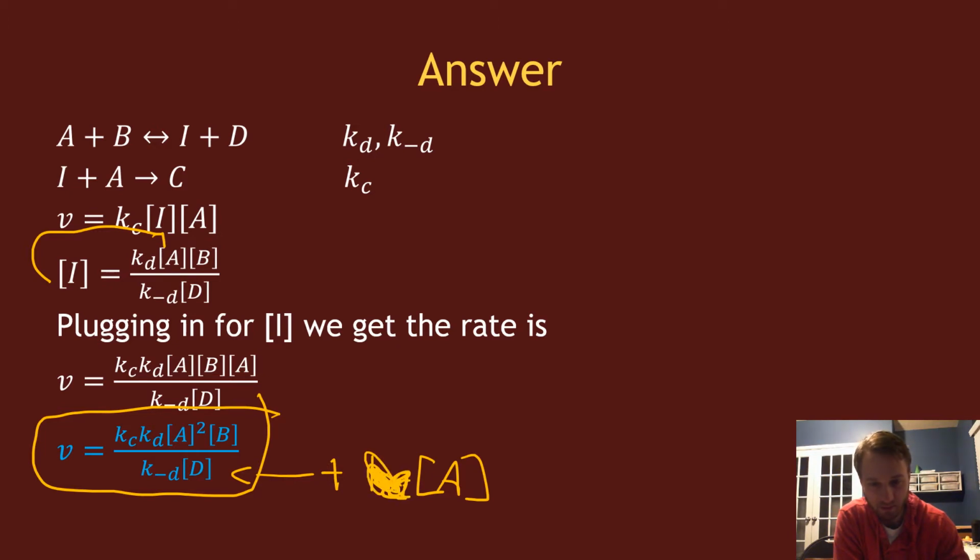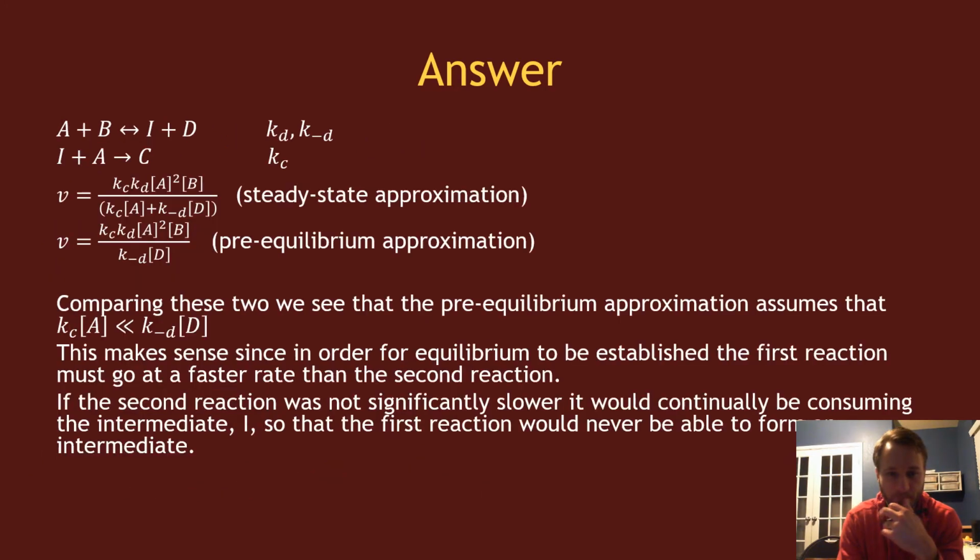I was wondering why it didn't seem right in my head. KCA was added to that bottom. So you see the pre-equilibrium approximation gives somewhat similar results to steady state. Often it is the case that steady state is potentially able to cover more cases, is more general, if you will, of an approximation than pre-equilibrium, okay?